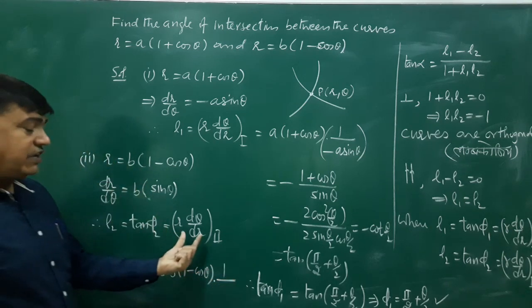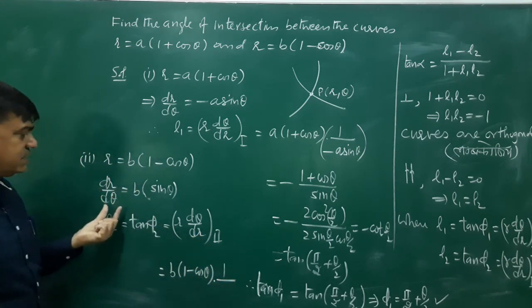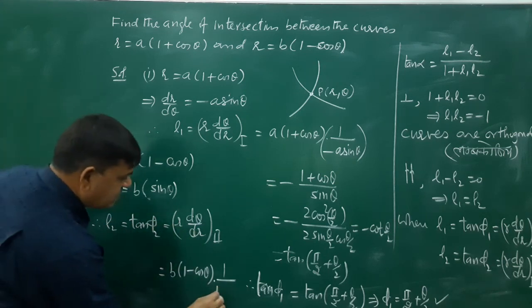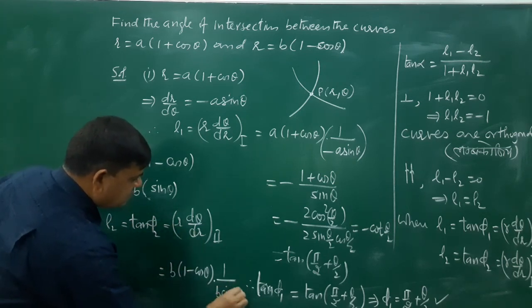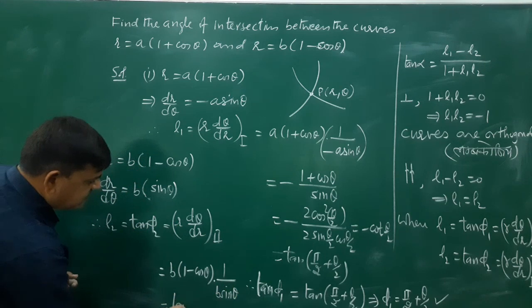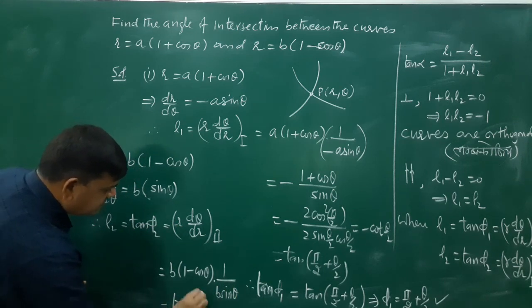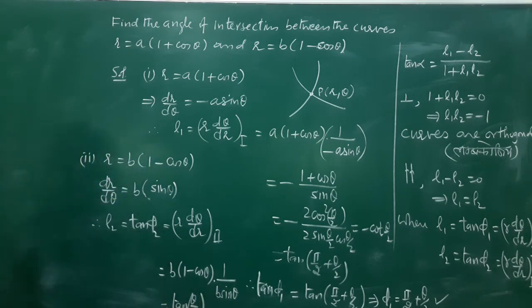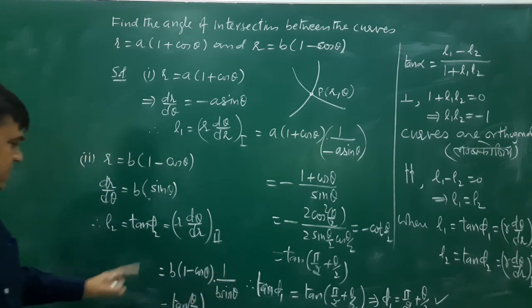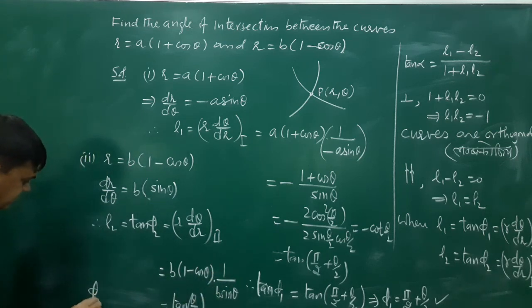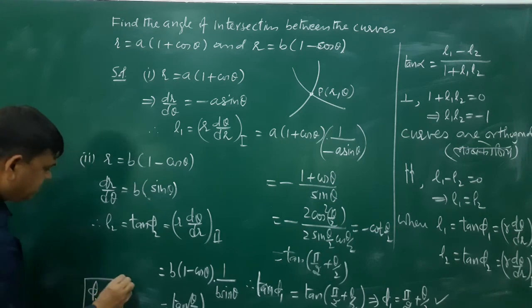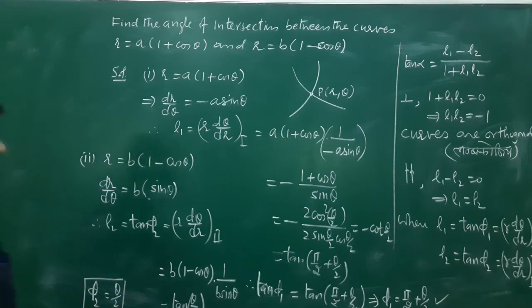Keep in mind while writing values, because this is dr by d theta and here it is d theta by dr, so it is b sin theta. So when you simplify this, you find tan theta by 2. It will be 2 sin square theta by 2. So phi 2 is theta. It is this, and here it is phi 1.